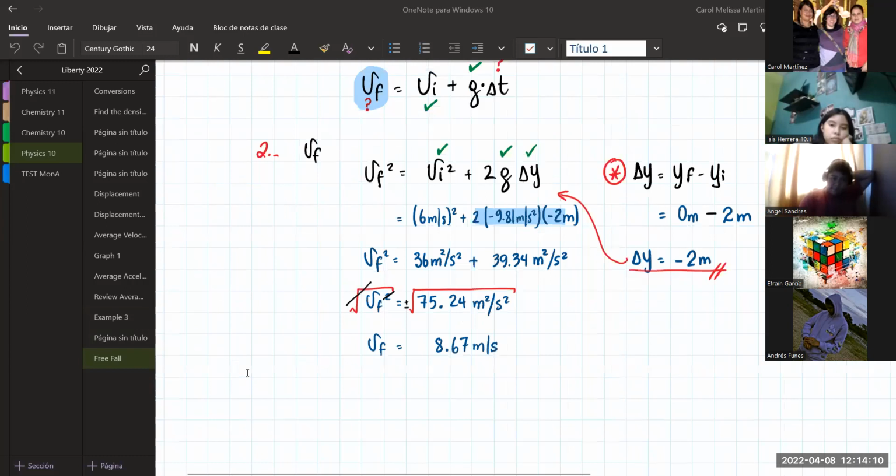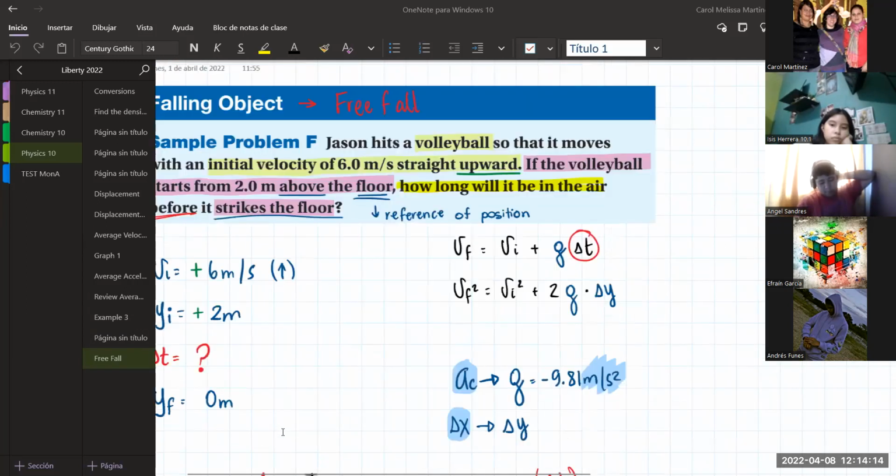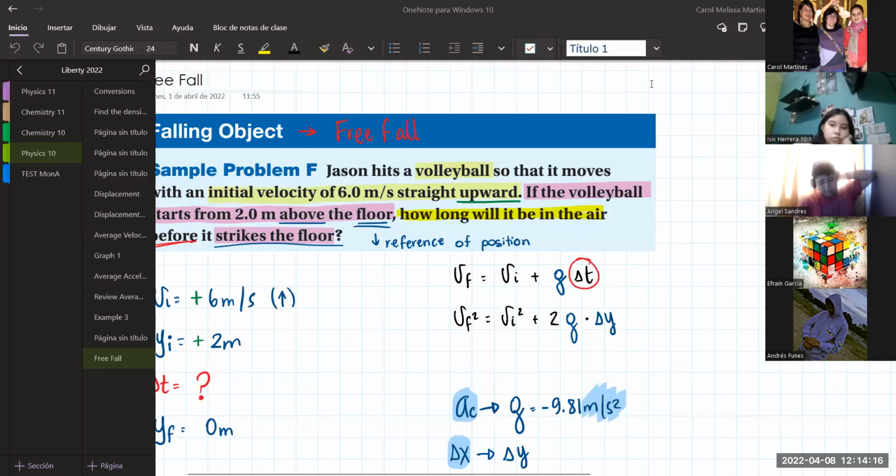Let's analyze this exercise. It says Jason hits a volleyball so that it moves with an initial velocity of 6 meters per second straight upward. So initially this ball is moving upward with a velocity of 6 meters per second.